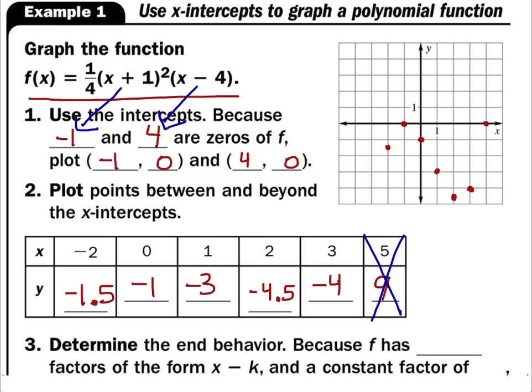But that's kind of an illusion because the first one, x plus 1 squared, let me do that in some sort of different color. X plus 1 squared is actually 2 factors because of the squared. And then x minus 4 is 1 more factor. So that's why it really has 3 factors.